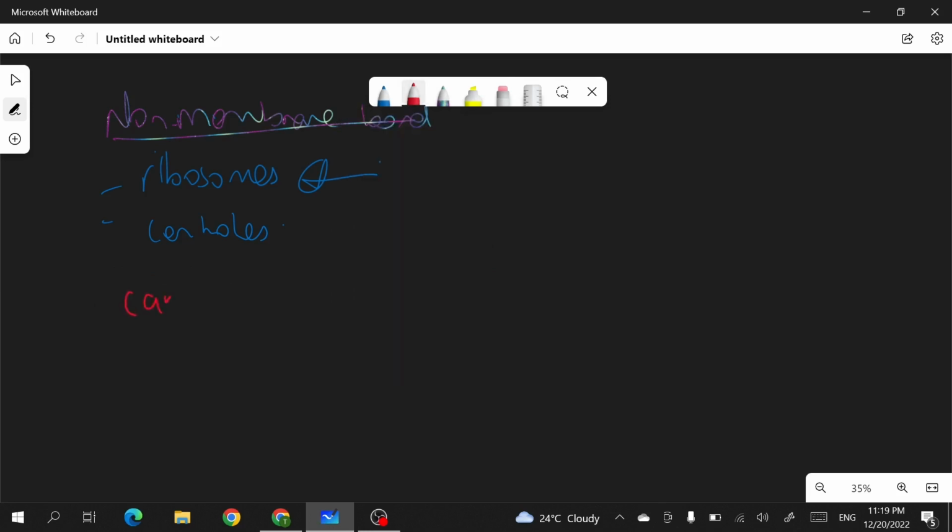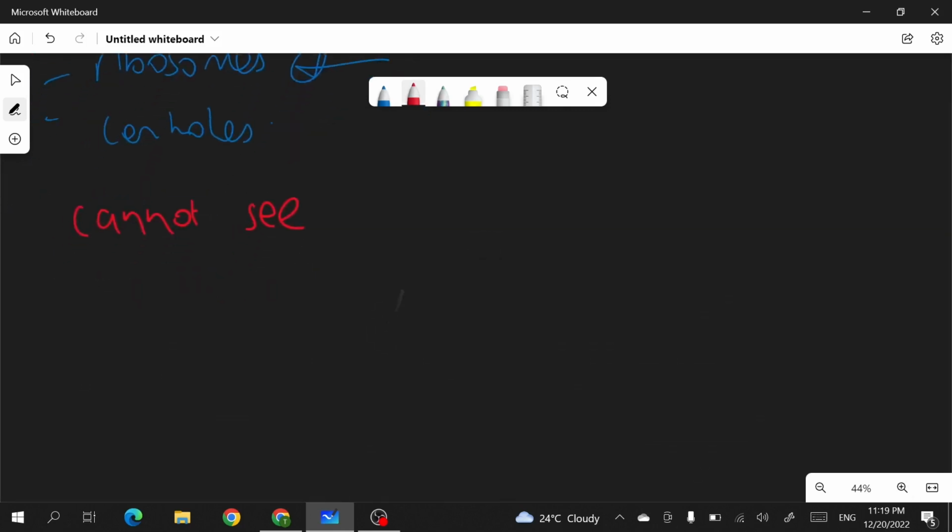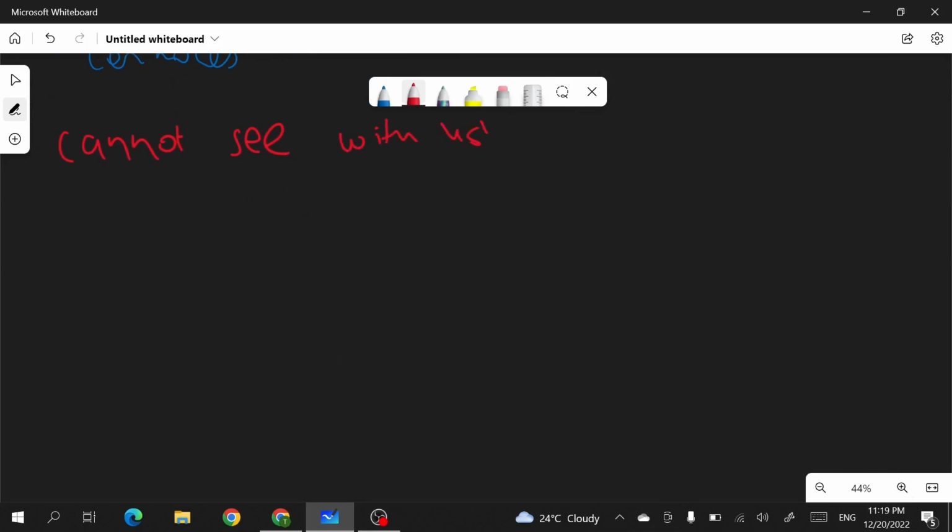What you cannot see with a light microscope: you have many structures that you actually cannot see.